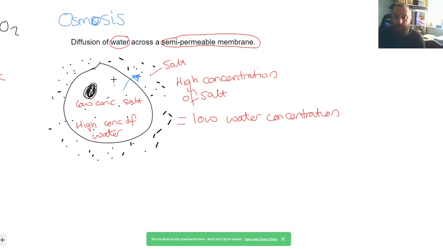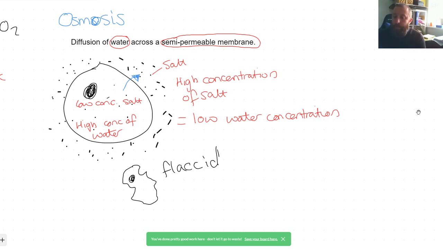So water is going to move outside of the cell to dilute down this solution that's surrounding it. What this is going to do is make the cell shrivel up, and we would call this flaccid. So water's moved out, the cell has shriveled up.